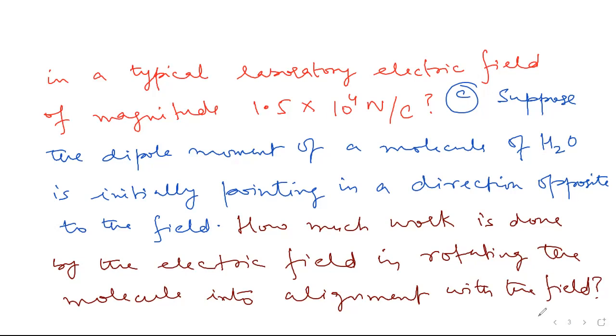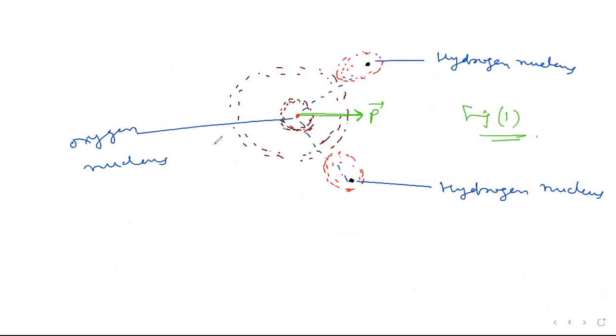Then part C says suppose the dipole moment of a molecule of H2O is initially pointing in a direction opposite to the field. How much work is done by the electric field in rotating the molecule into alignment with the field? And this is our figure, right? So let us discuss the solution.